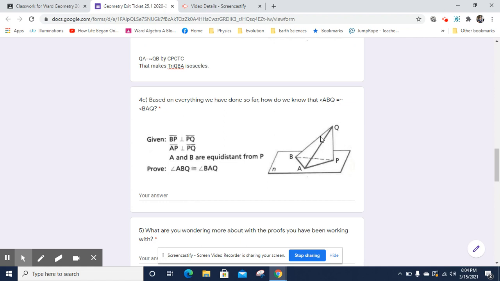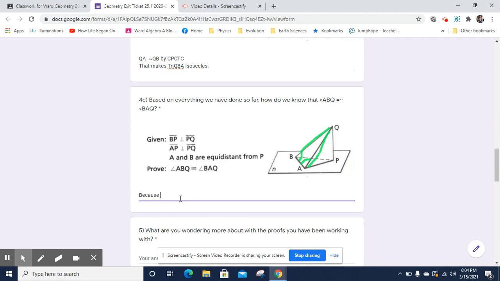If this triangle here is isosceles, if these two sides are the same, what that's going to tell us is that these two angles are also going to be the same. Because isosceles triangles don't just have two congruent sides, they also have congruent base angles.